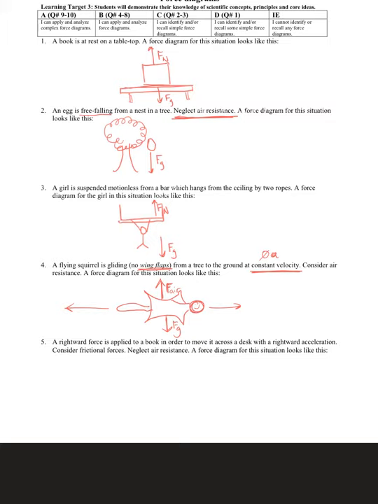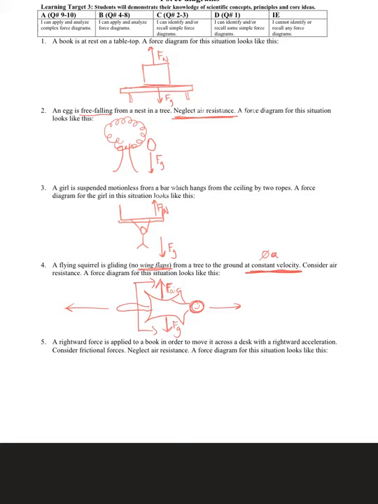And because these two forces are equal to each other, this allows the squirrel to fly at a constant velocity. So the force of air resistance keeps the squirrel from falling down, and the force of gravity keeps the squirrel from flying away into space.